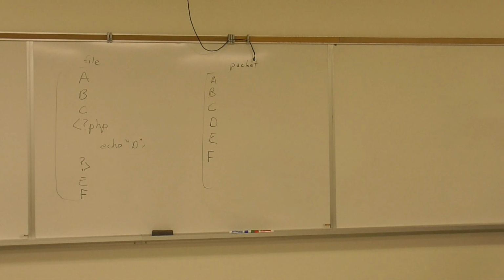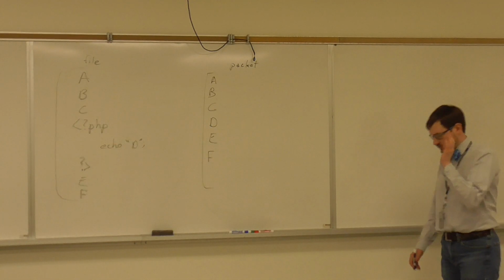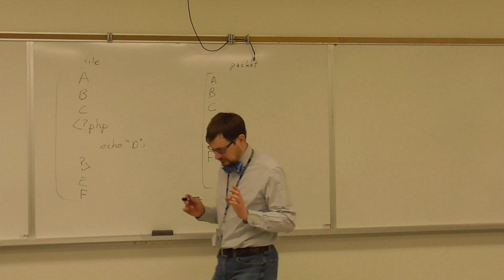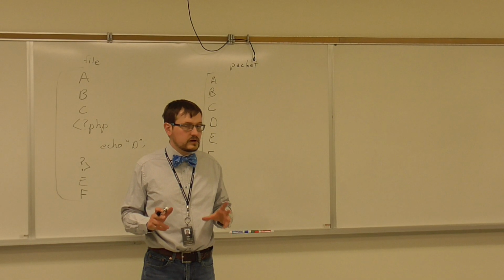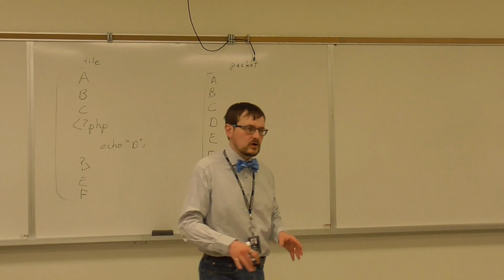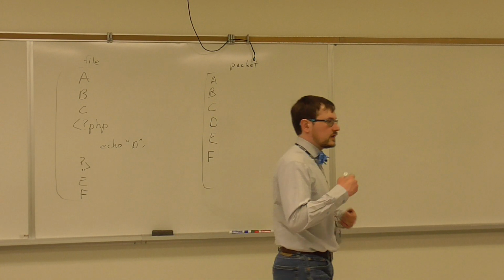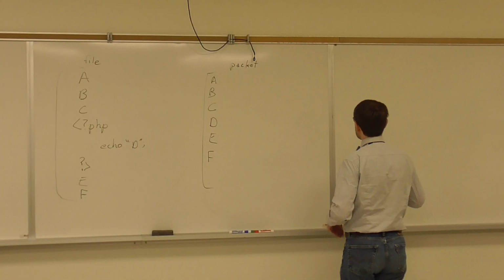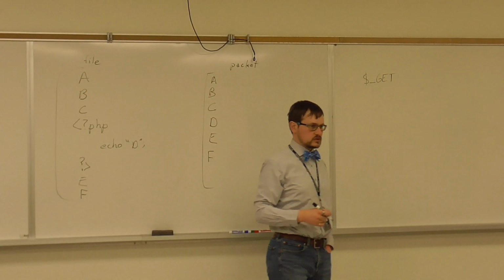So, when a PHP script receives parameters from the user, it puts them in places that are always the same so you know where to find them, right? If you receive get parameters, it stores them in a thing called the get superglobal.